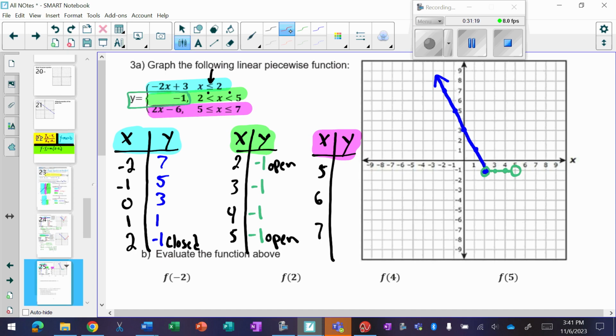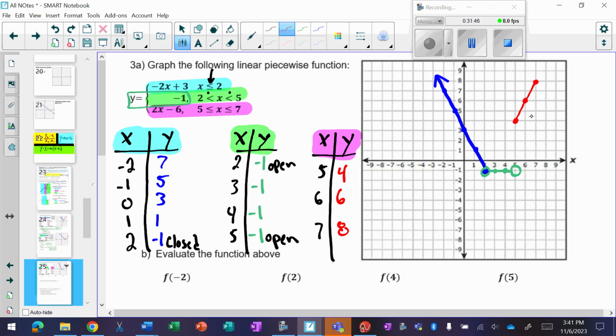So 5, 4, 6, 6, 7, 8. Closed circle around both ends and just from one dot to the other. So there is our three pieces.